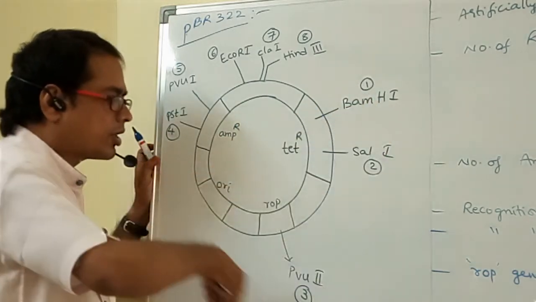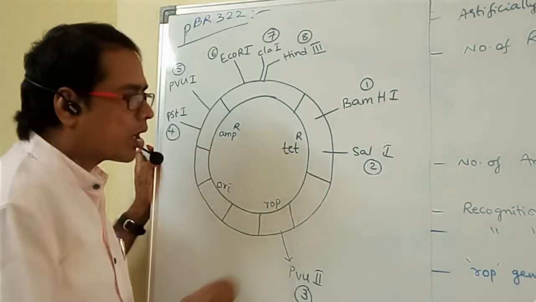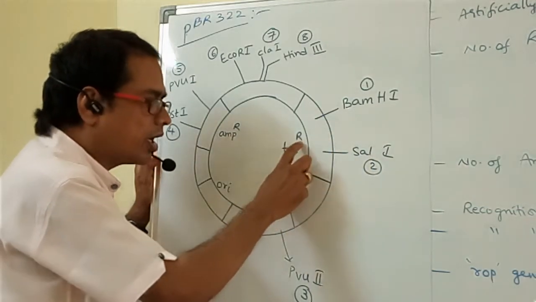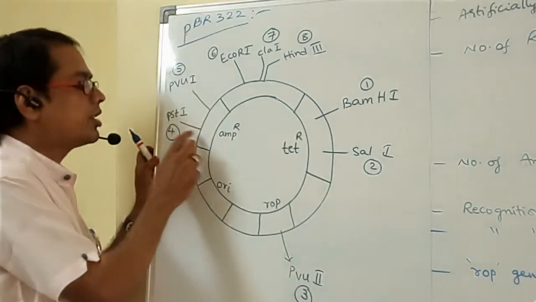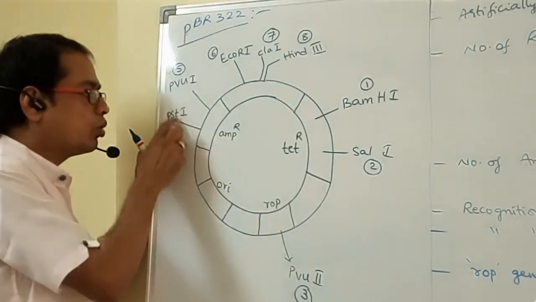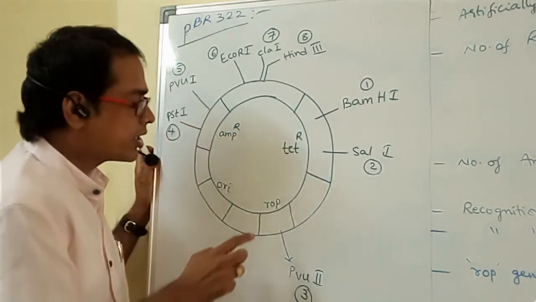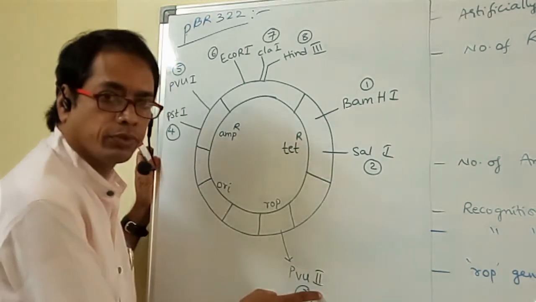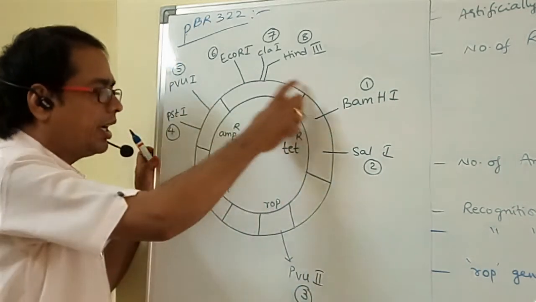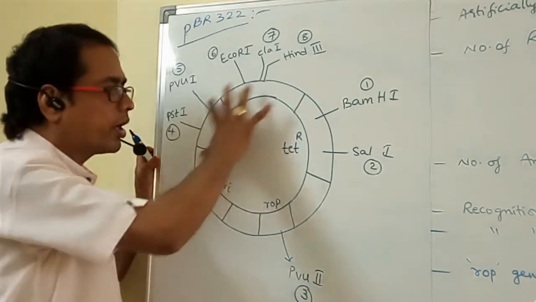Number of recognition sites in pBR322: 8. In tetracycline resistant gene: 2. In ampicillin resistant gene: 2, PstI and PvuI. In the rop gene: only one, that is PvuII. So how many origins does it contain? Only one.